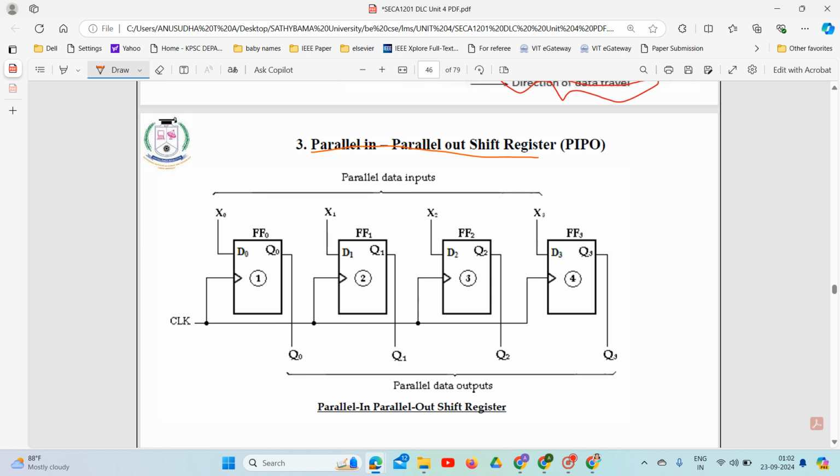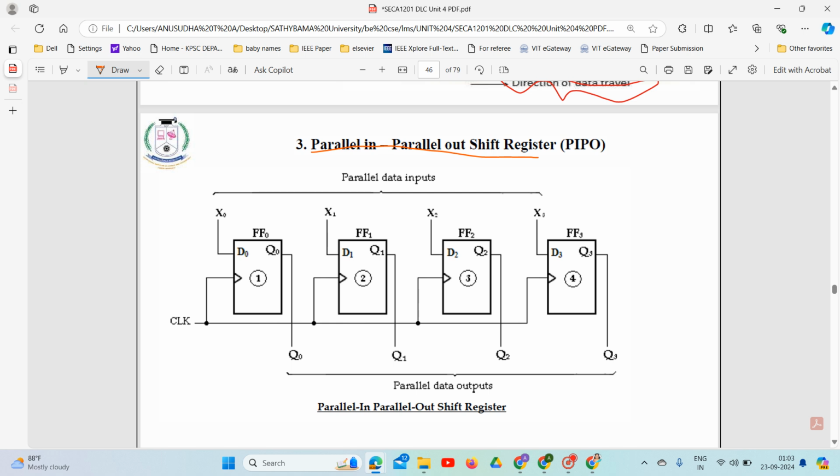The speed of operation is very fast, that is, transmitting data and receiving data is very fast when compared to the serial input and serial output, but we need more number of wires to transfer and receive data.